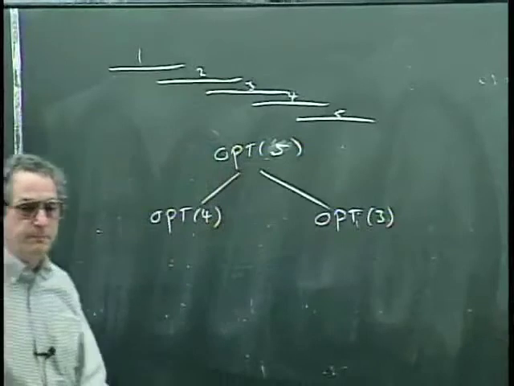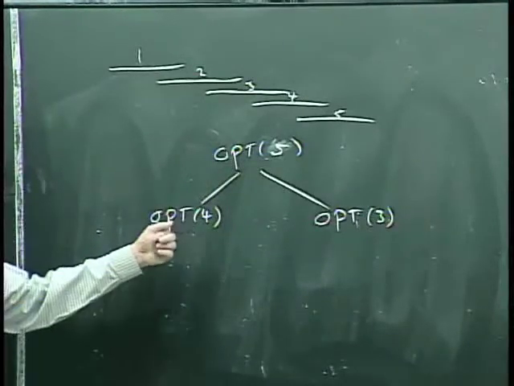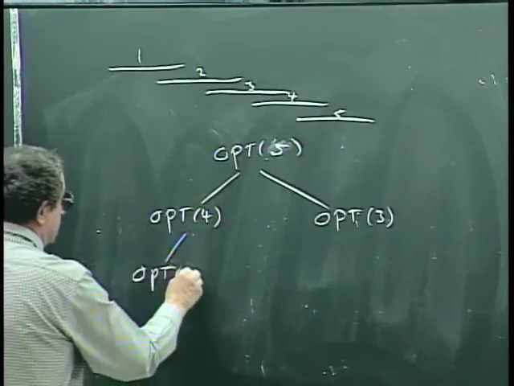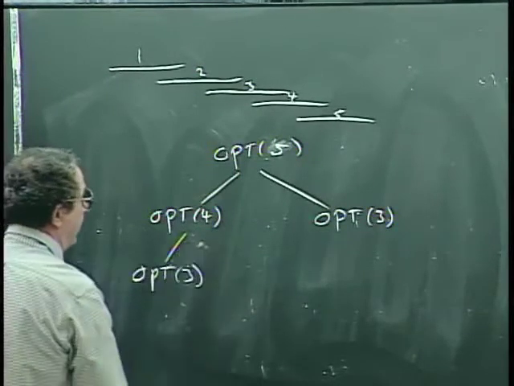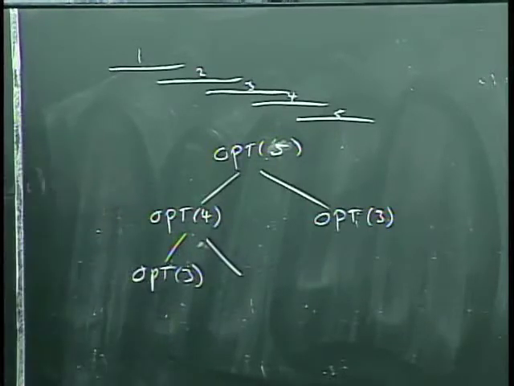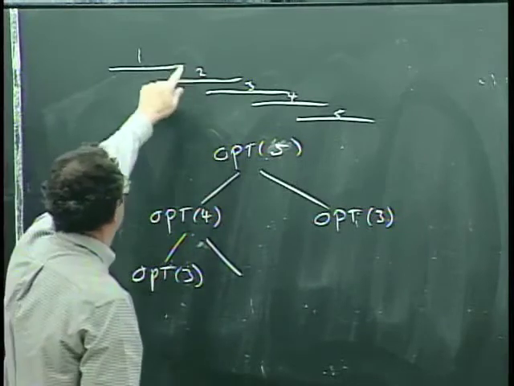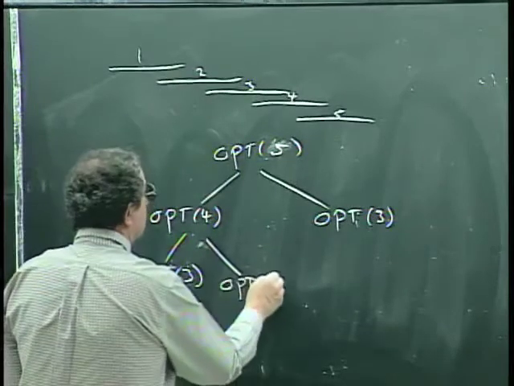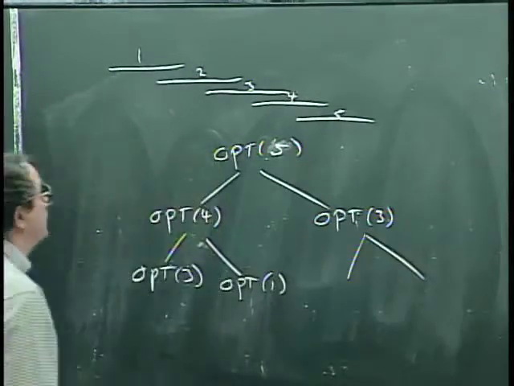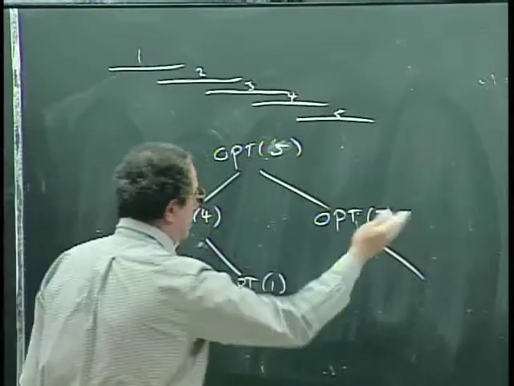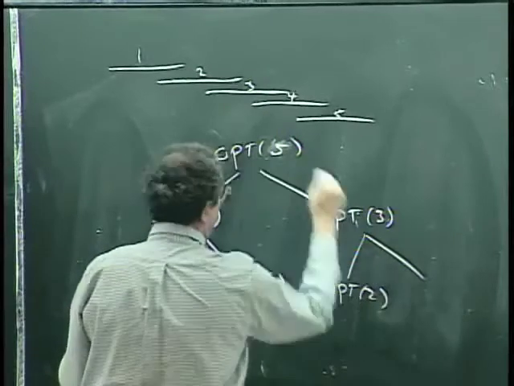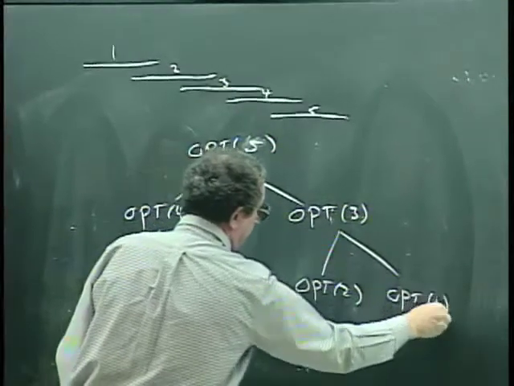And then opt of 4, what does it call? It calls opt of 3, and also it has to call opt of 1. And what does opt of 3 call? Using the recursion, it calls opt of 2 and then again opt of 1.